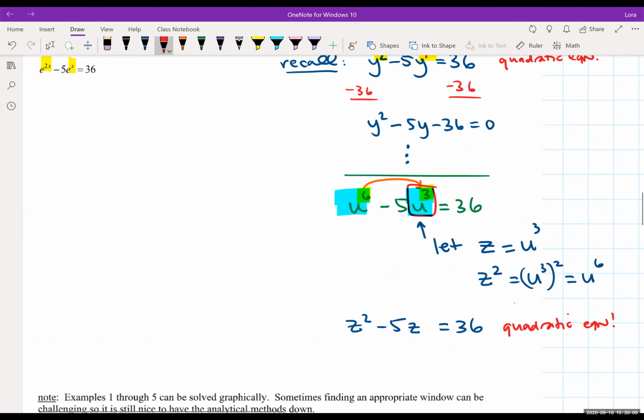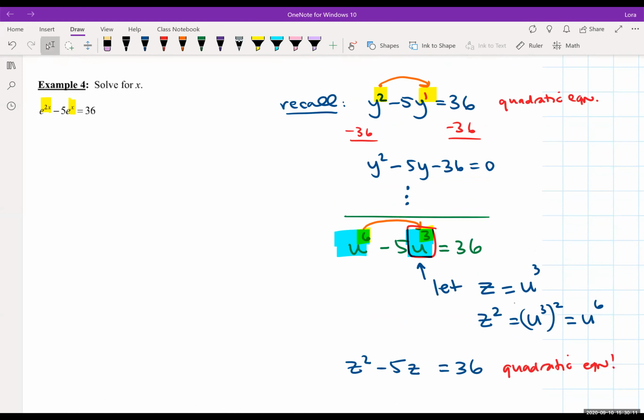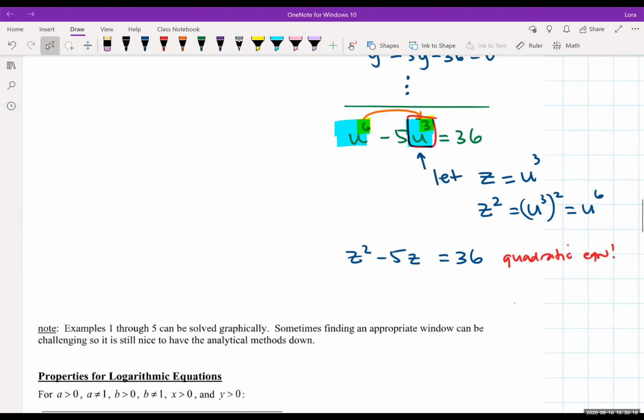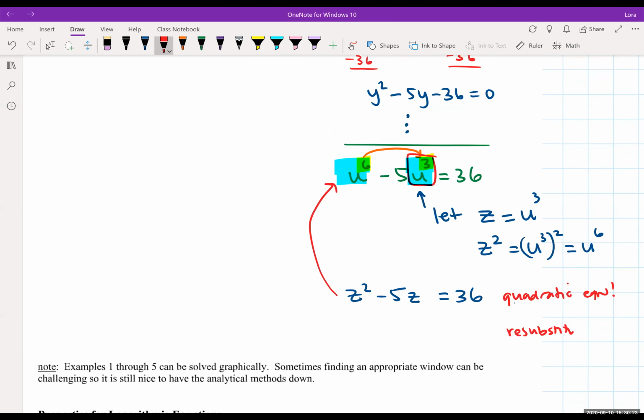The issue, though, is that when you solve this quadratic equation for z, we would have an issue because the original equation started with a u. So we would have to remember to resubstitute later. So don't forget that.